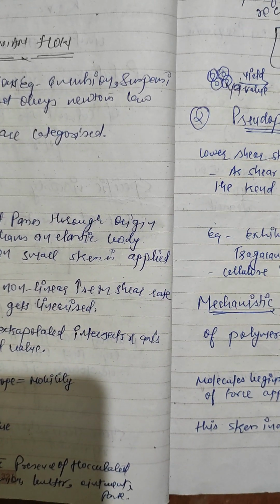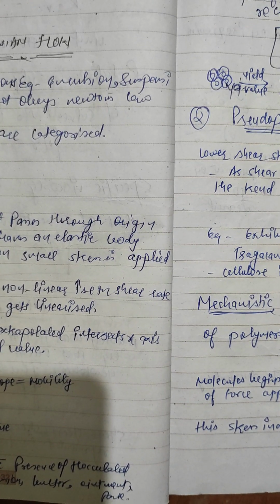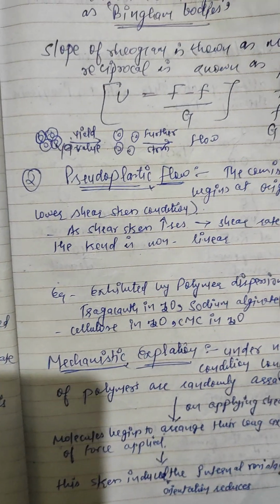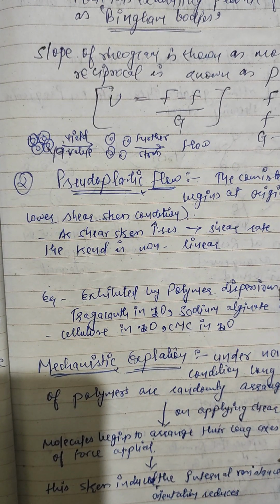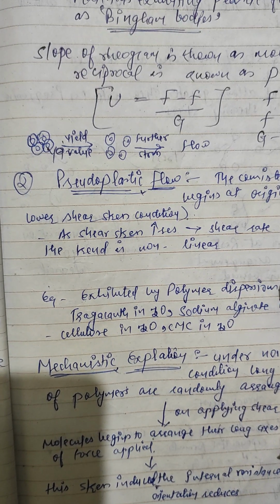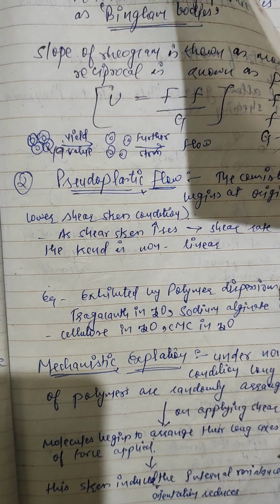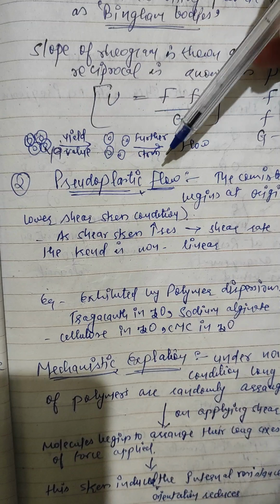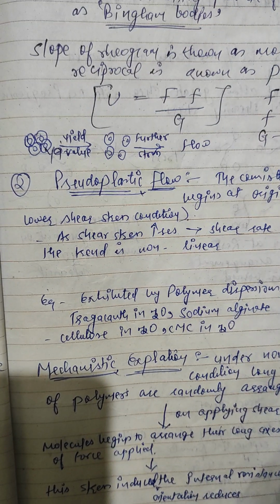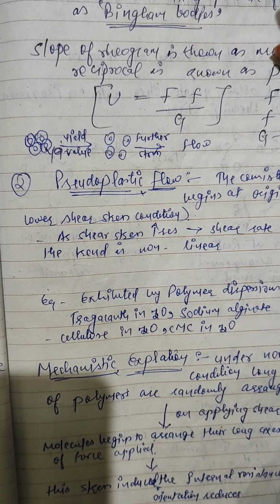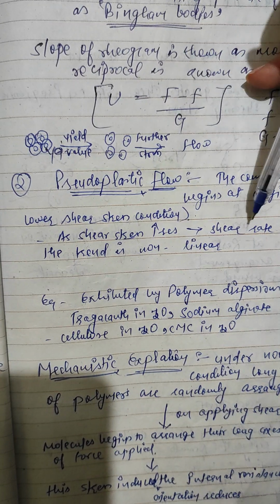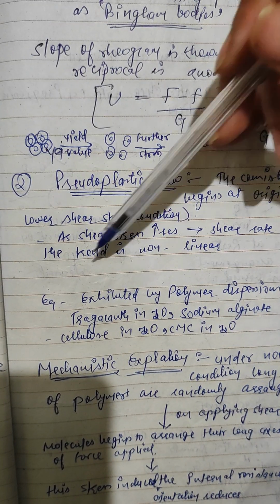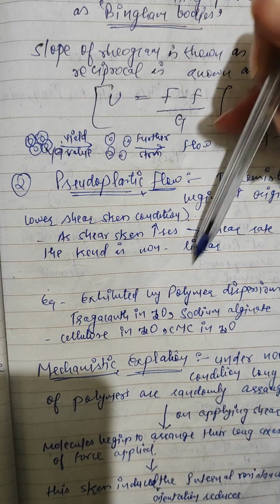This behavior is also known as shear thinning system. Why shear thinning? Because after applying the shear stress, it will flow from the bottle of the ketchup, right? So the consistency curve begins at the origin. As shear stress increases, shear rate also increases, but the trend is non-linear, right?